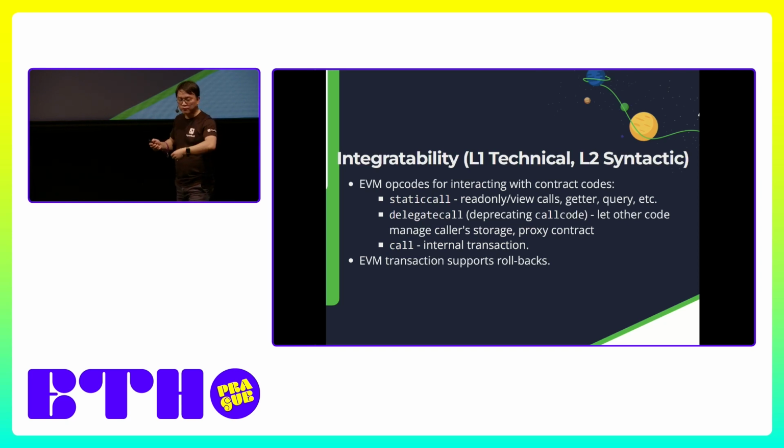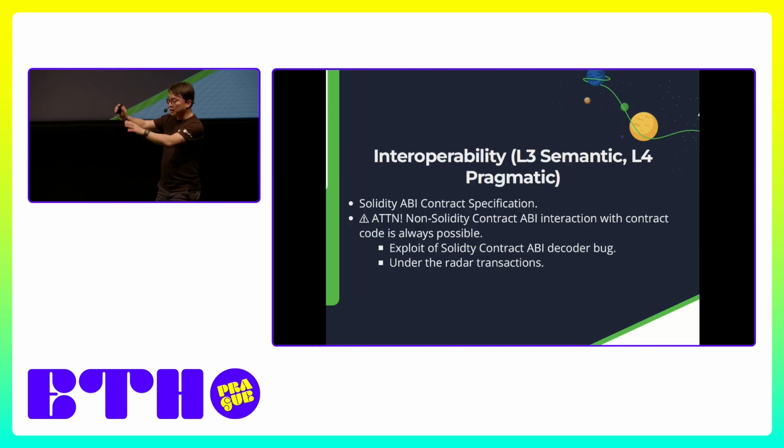Then you have the actual call for internal transactions. Those are the technical instruments you could use for composability at the EVM level. And EVM transactions also automatically roll back, which is a feature you will use a lot in Superfluid, because if it doesn't roll back, then you can't have atomic transactions. So that's the lowest level.